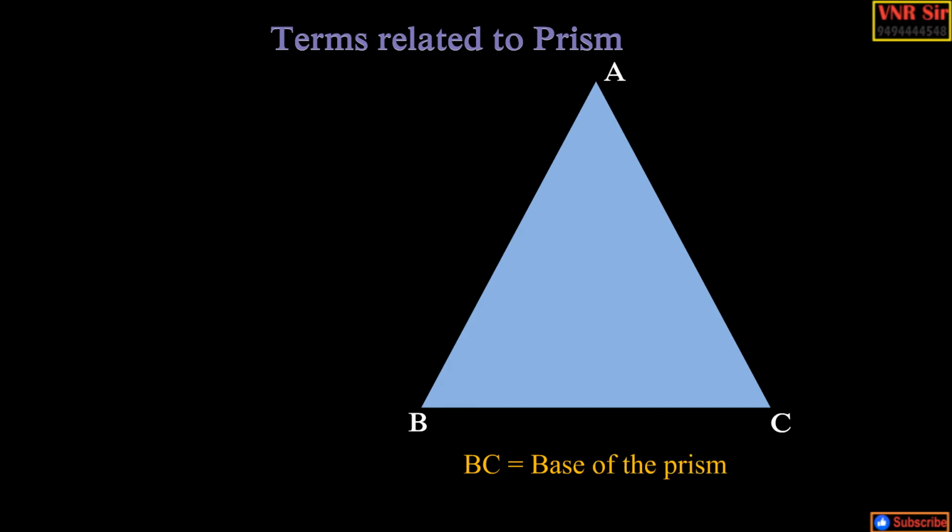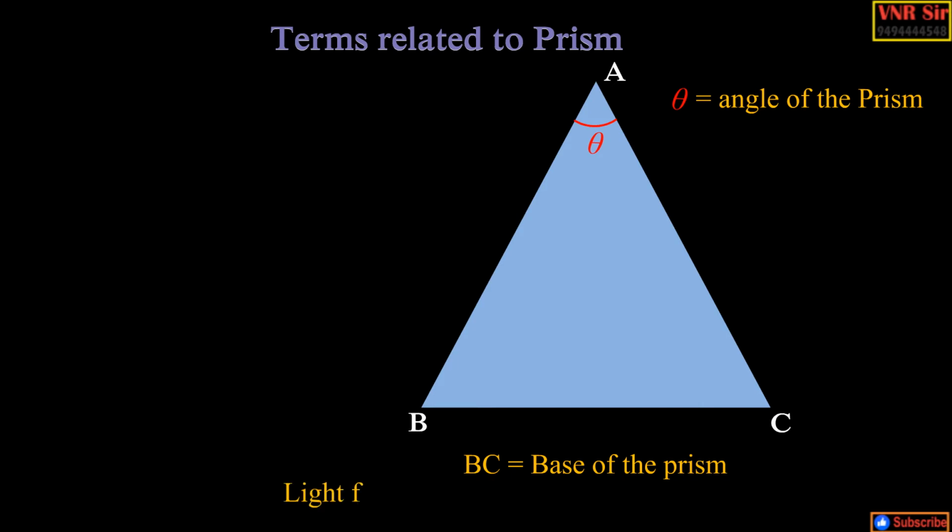AB and AC are the two plane surfaces which make an angle theta at the vertex A. This is known as the angle of the prism. The angle made by the two plane surfaces AB and AC at A is known as the angle of the prism.